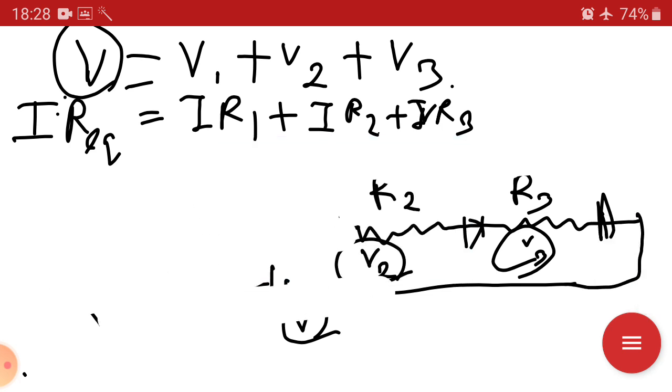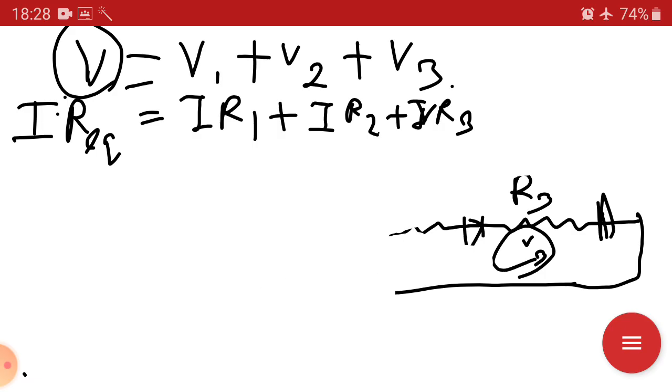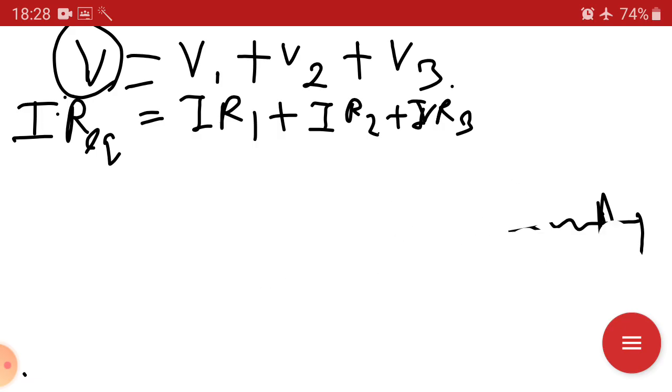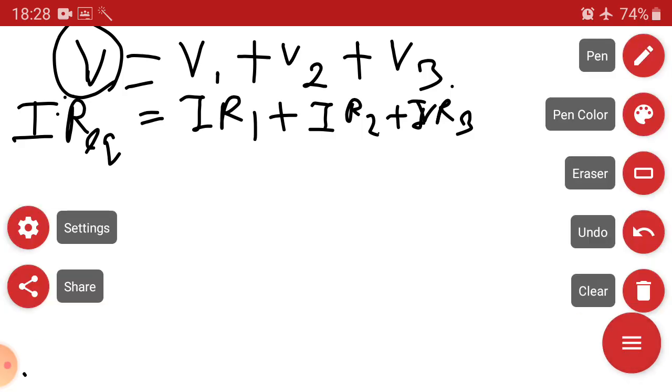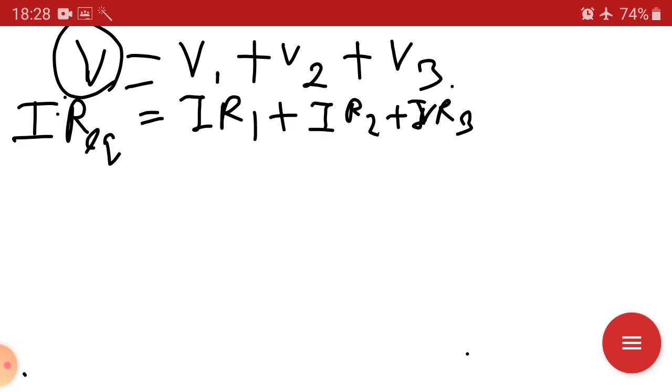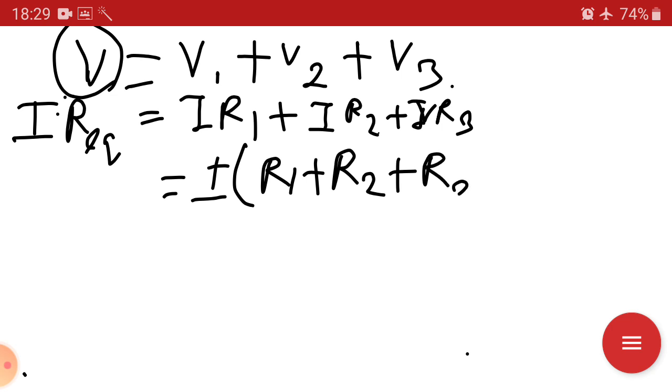So here you can easily do it. On the right side, I will be common: I times (R1 plus R2 plus R3). On the left side, I into R equivalent.